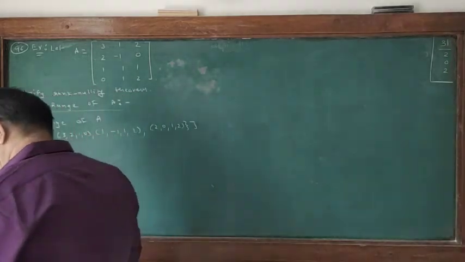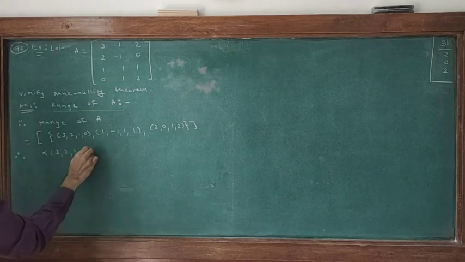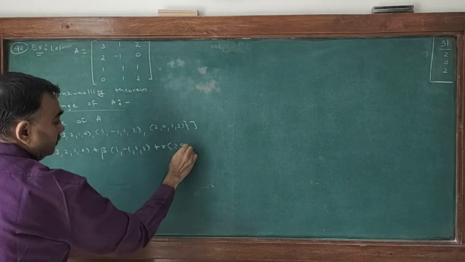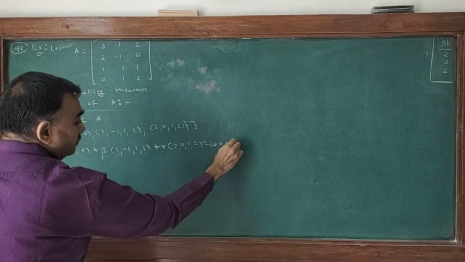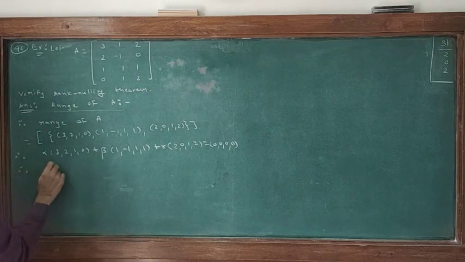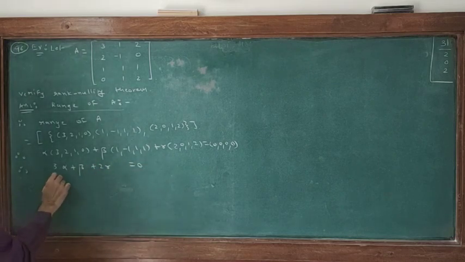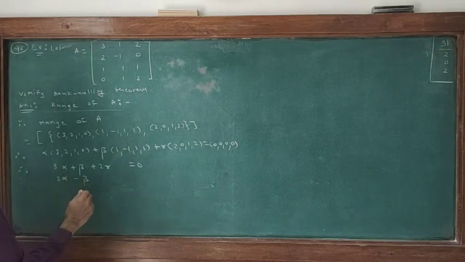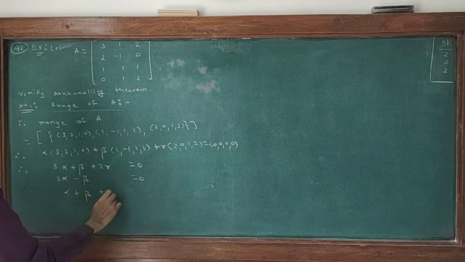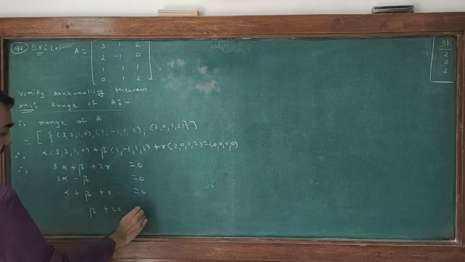Let's check. Therefore, alpha times 3 2 1 0 plus beta times 1 minus 1 1 1 plus gamma times 2 0 1 2 equal to 0. Coordinate-wise: 3 alpha plus beta plus 2 gamma 0, 2 alpha minus beta 0, alpha plus beta plus gamma 0, and beta plus 2 gamma 0.